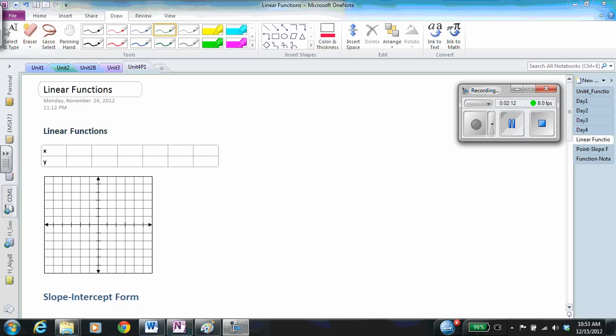So let's say I want to make another table, and I want it to be a linear function with a rate of change of 2, but let's say the x values are not going up by the same amount every time. Actually, I don't like those values. I'm going to change it a little bit. 0, 1, 2, let's say we jump up to 10, and then 20, and then 50.